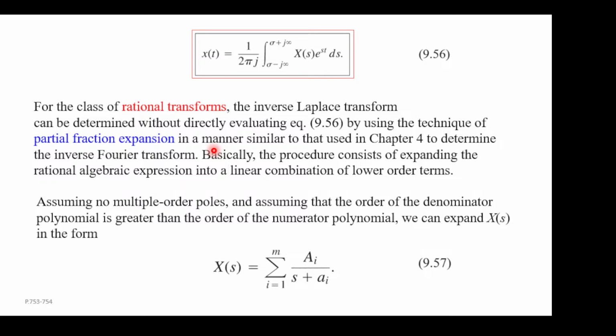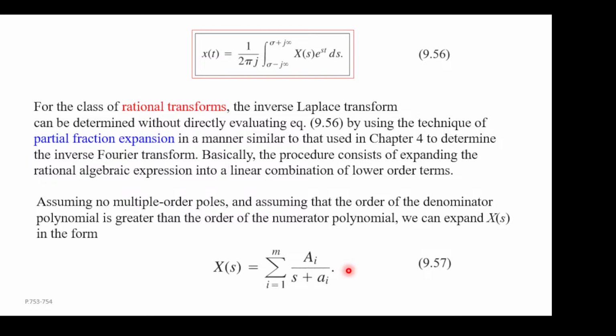So what we do in the second way is we just consider the rational transformation. That means our big X is rational. And so we'll just do something we've done many times: we do partial fraction expansion, and we break it into fractions of 1 over s plus a.